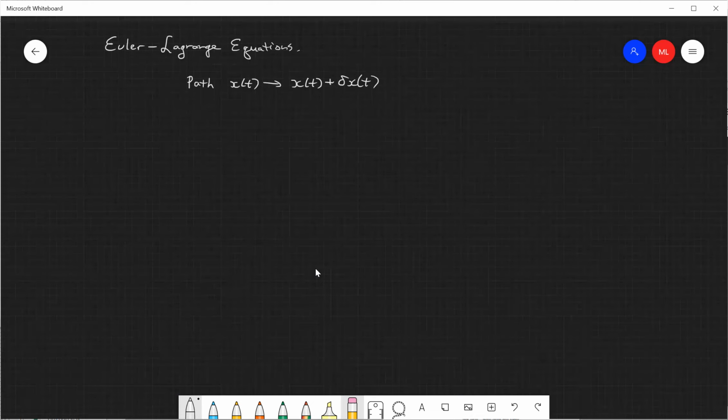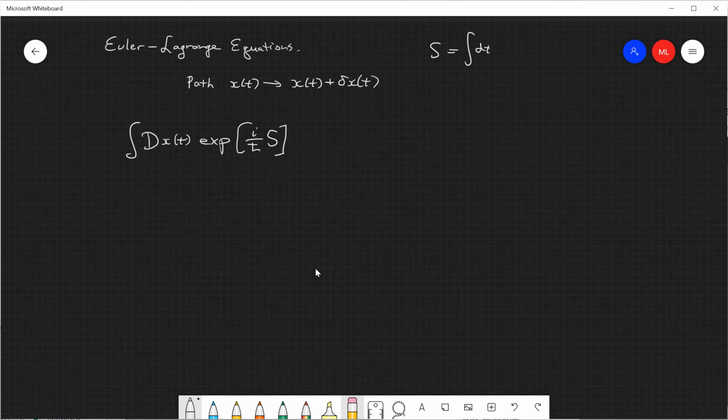But you can use that then to derive something interesting. Namely, if you do this integral change, and now let me write, instead of the integral of the Lagrangian, I'm going to write it as S. The action, S, is just the integral of the classical Lagrangian.